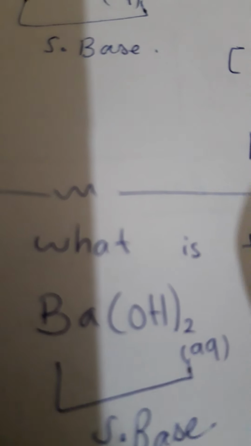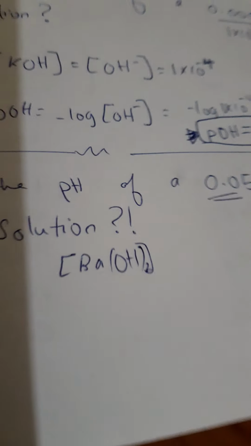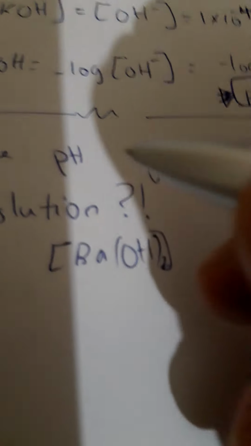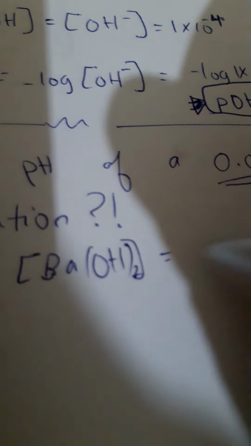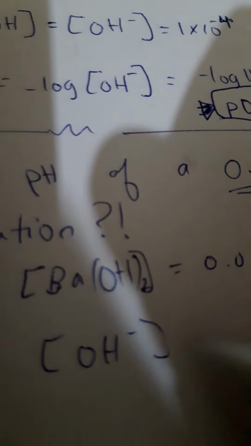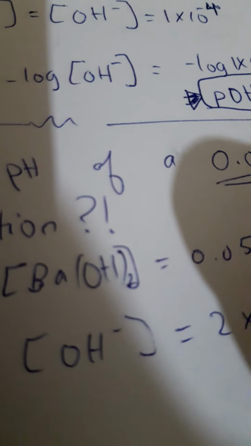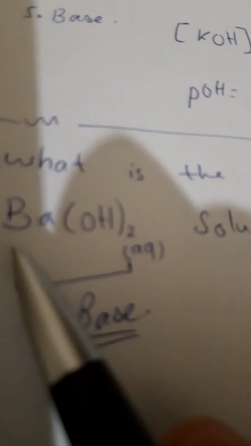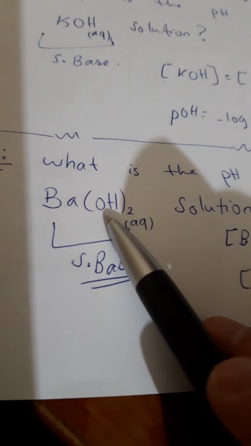So the barium hydroxide is 0.05 molarity, but the concentration of OH minus equals 2 times 0.05 because we have two OHs in the formula, Ba(OH)2.